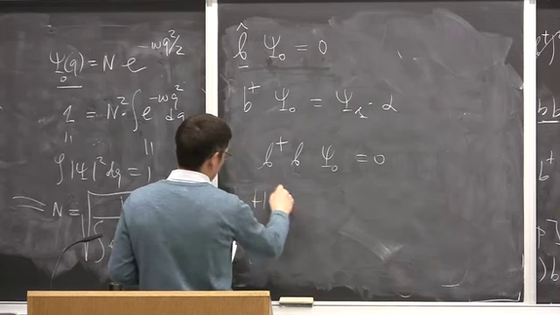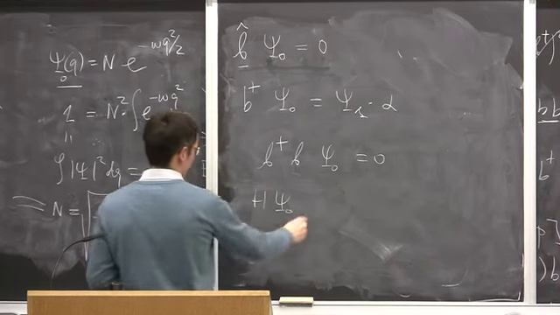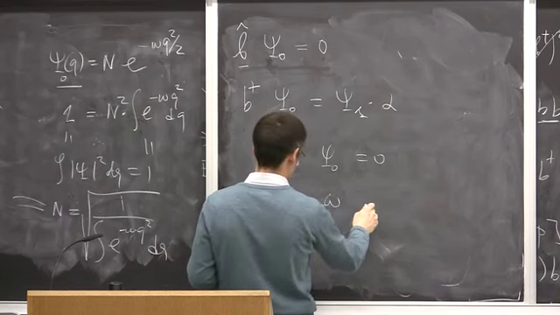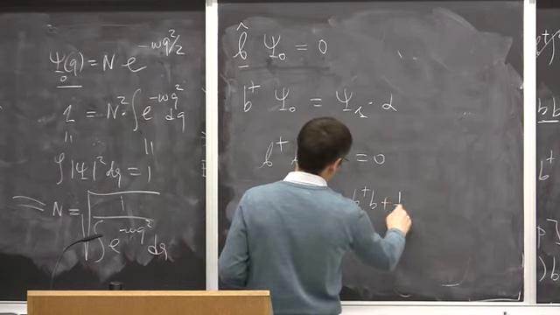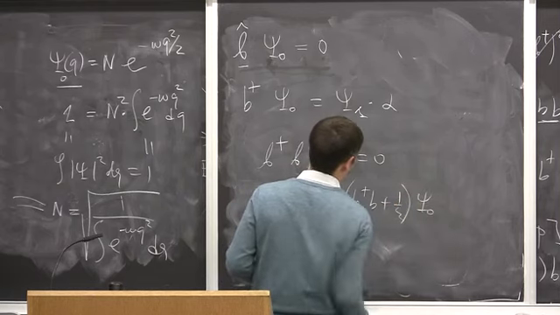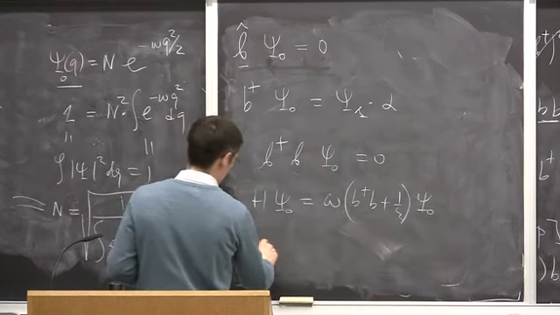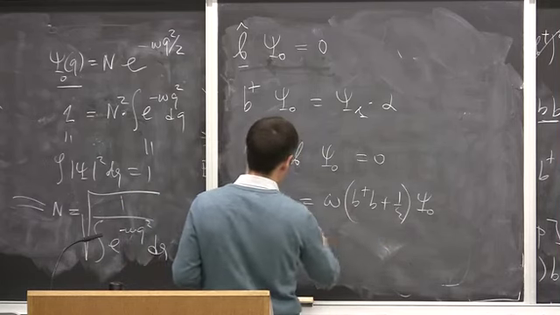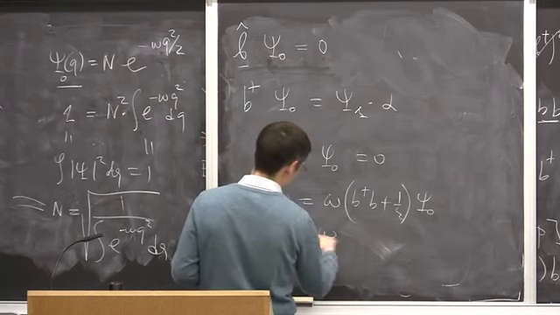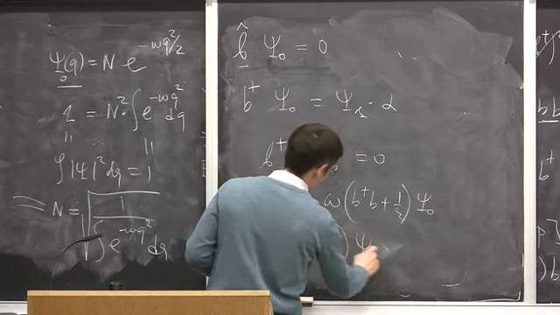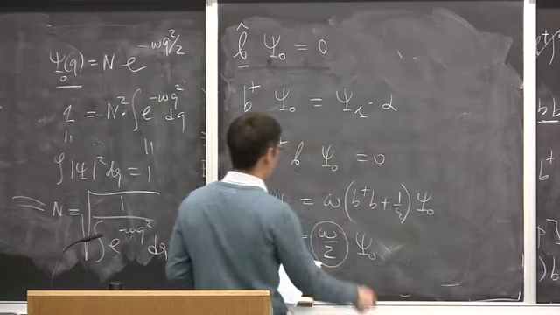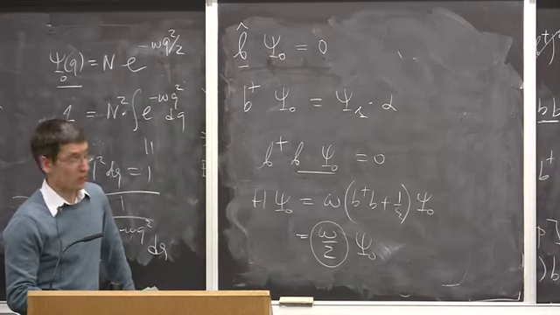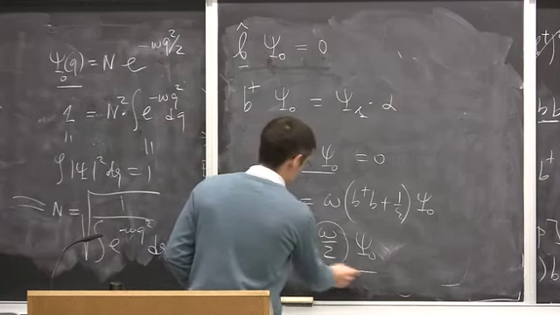And then that means the Hamiltonian that acts on the 0 function will be omega, essentially, b dagger b plus 1/2, acting on psi 0. And that means the eigenvalue of the 0 function for the Hamiltonian is just omega divided by 2, right? Because b dagger b acting on psi 0 is 0, because b acting on psi 0 will be 0, right? So that's the case.